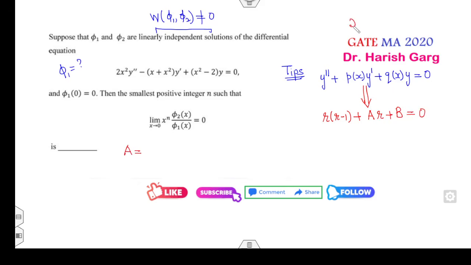This approach is applicable only when you are able to find the solutions at the point 0. Make sure the coefficient of y double dash is 1.